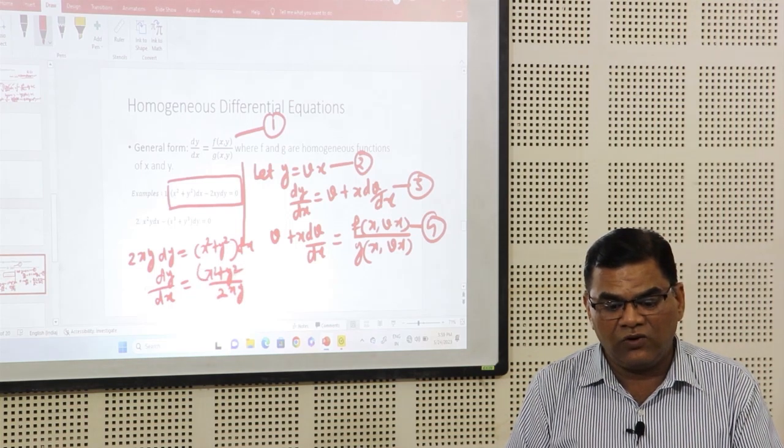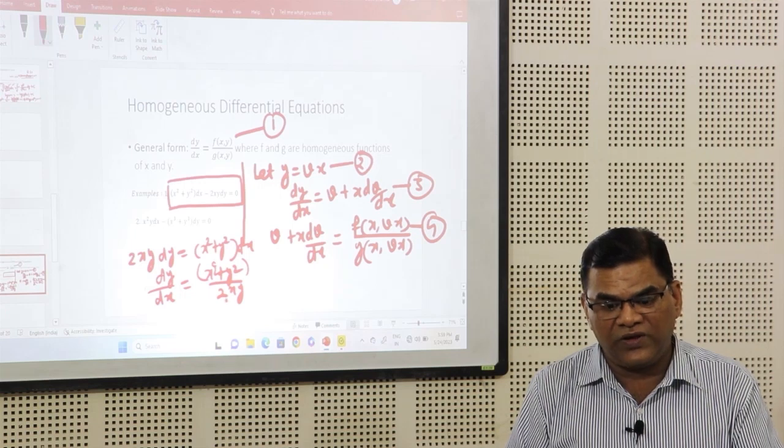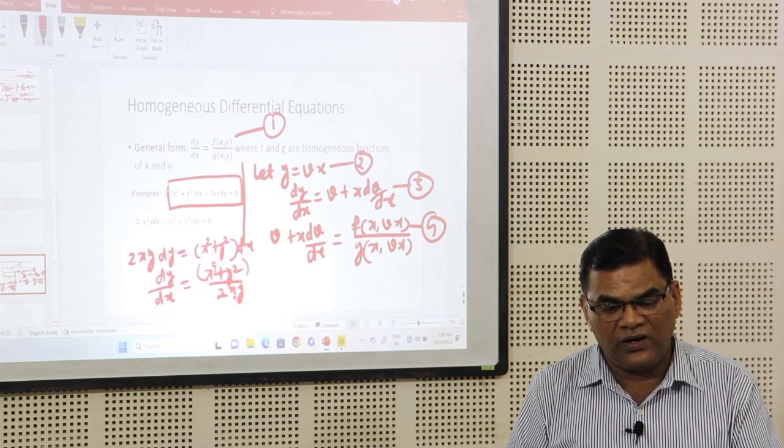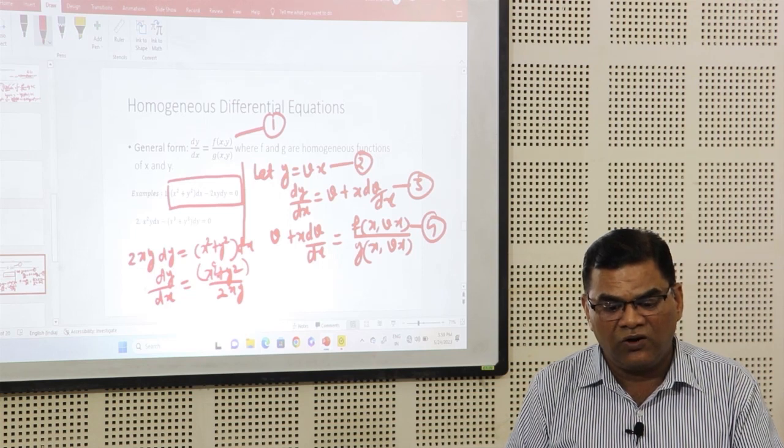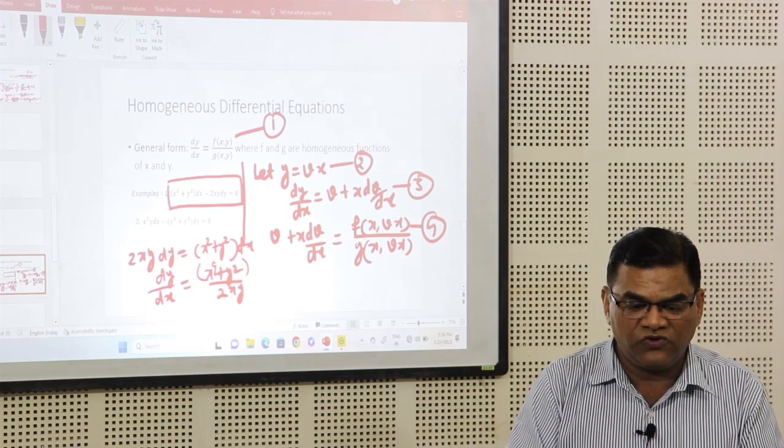Here we can easily observe the numerator is of degree 2 in x and y, and the denominator is again degree 2 in x and y. So, this is a homogeneous numerator and homogeneous denominator, that is why it is a homogeneous differential equation of first order first degree.